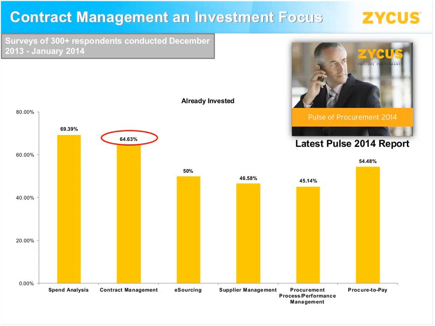And one of the interesting findings here actually surprised me, quite frankly, is just how high the survey results showed that the penetration of contract management technology was. So nearly two-thirds said that they had already invested in contract management tools, below only spend analytics as an application space from an adoption standpoint.